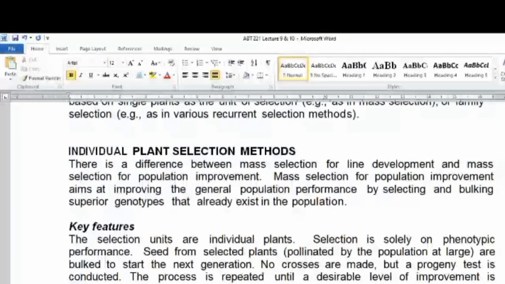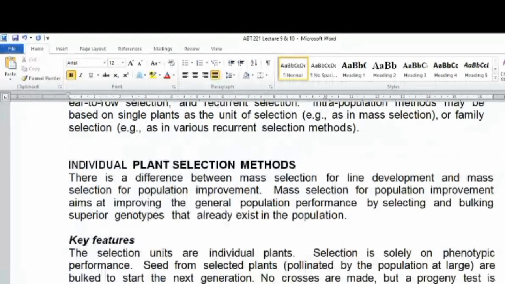I said when you make single plants the unit of selection, we are actually practicing what is similar to mass selection that we discussed. But when we do family selection, then we are looking at the various recurrent selection methods.